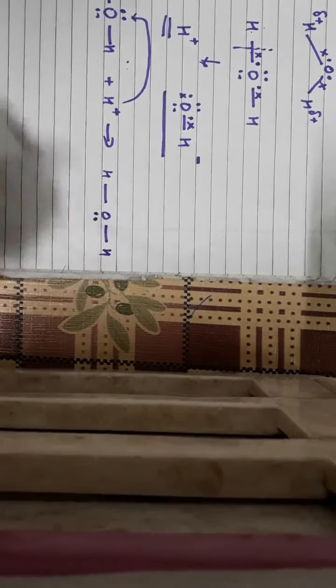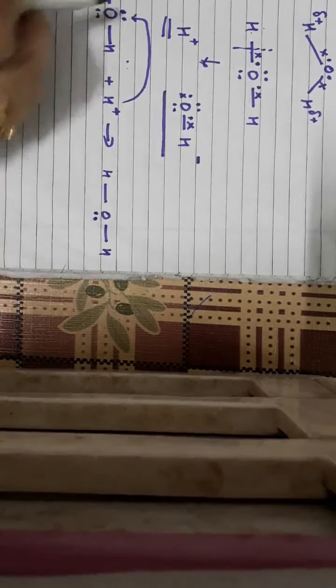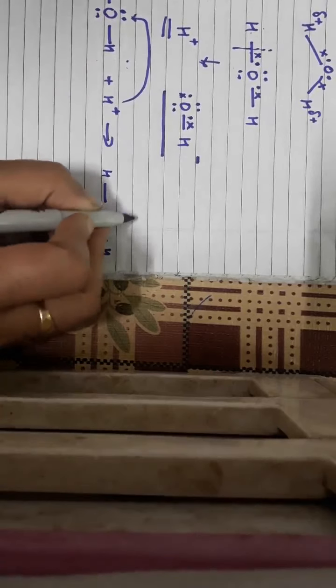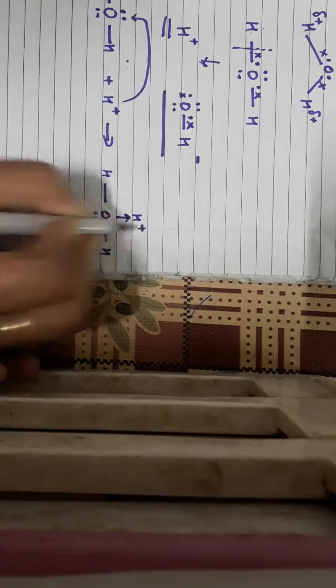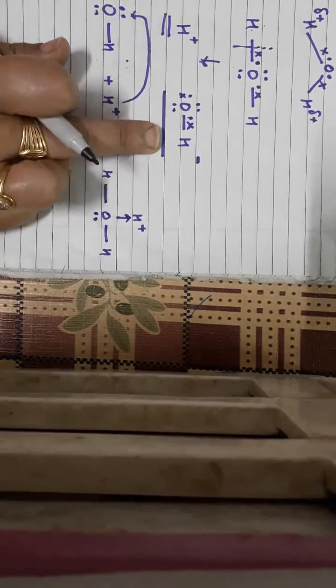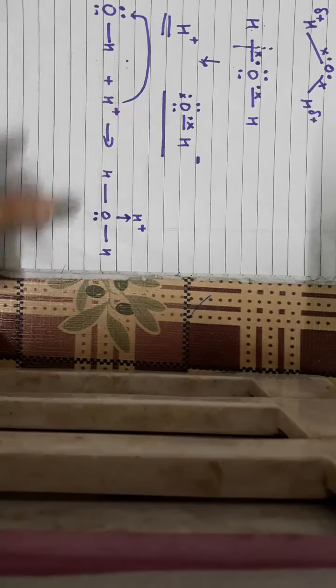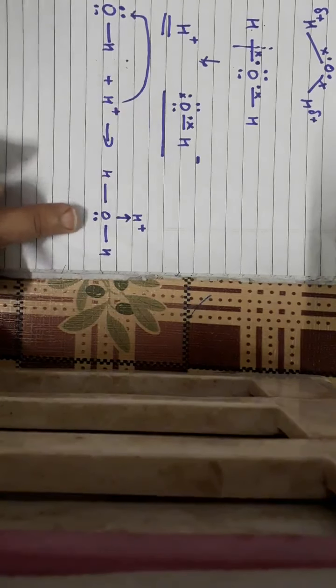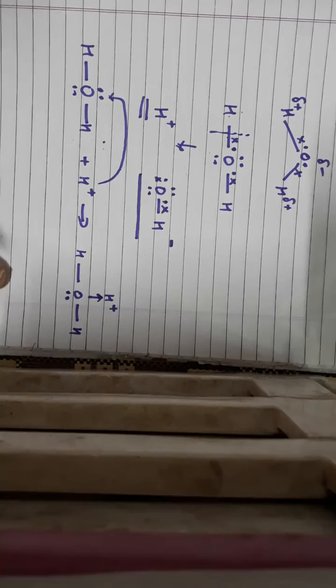So this is the lone pair which is left, and this pair of electrons is being donated to the proton. So now it is becoming a stable hydronium ion. So this hydroxide negative ion was stable, and now the positive cation has also become stable with the formation of the hydronium ion. So how many water molecules are used in self-ionization?